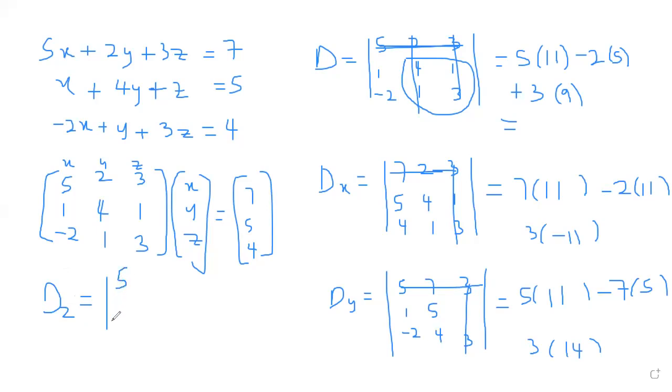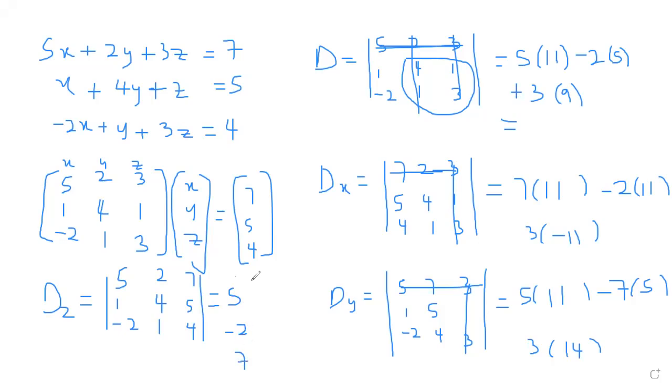So that's 5, 1, minus 2, 2, 4, and 1. Then you replace the z component with 7, 5, 4. And find the determinant. So that will be 5, minus 2, 7.